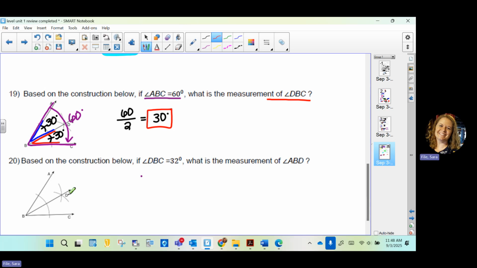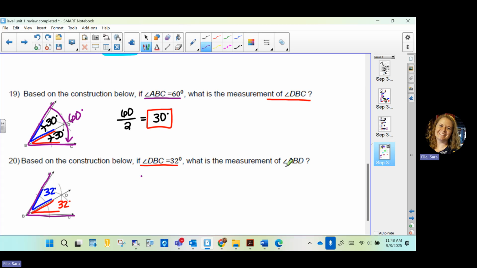Now in this one, same image, same concept, but this time they give us the smaller angle down here, angle DBC, and they tell us it's 32. What does that mean for this other small angle? Also 32.